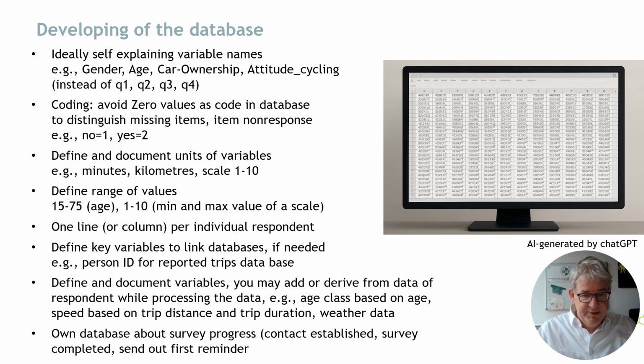Of course, it could happen that you have, for example, a person database and you ask the person for their trips, and one person can have more than one trip. Then you create another database for the trips, and you need to link them with an ID from the person to the trip database, so that you can see which trips are connected with which person.